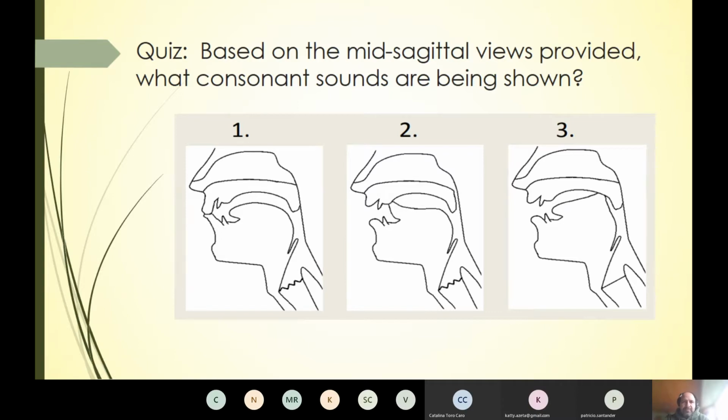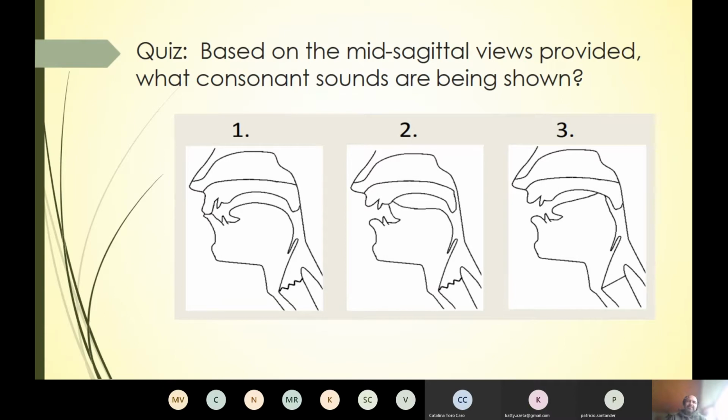So the idea is that you explain which consonant sounds are being shown in the pictures. Remember that consonant sounds can be described in terms of voicing, manner, and place of articulation.